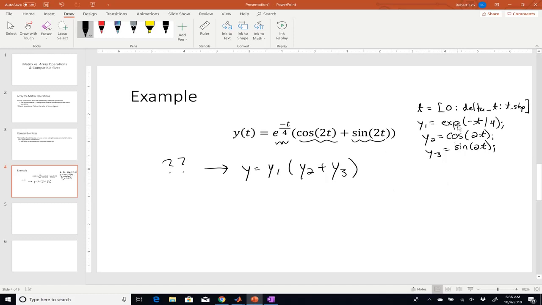Every time I'm doing these operations on these different vectors like this, I need to be very careful about their size. Okay, so there's two things to remember. One is to be careful about size, and then two is to actually have some idea what you want the answer to be.